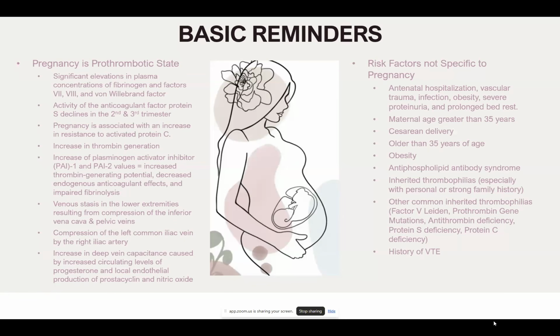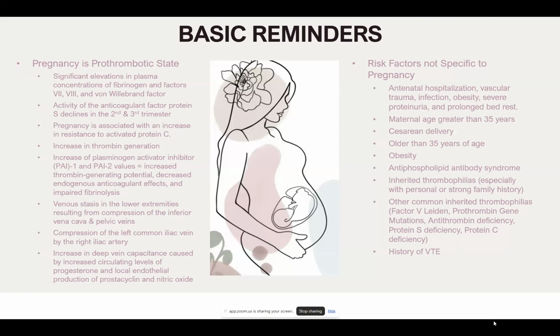There's also the piece of after delivery, the woman's body needs to be set up in a way that she doesn't completely bleed out. So we have all of these pregnancy-related changes and postpartum-related changes that are supposed to help us not have a hemorrhage and bleed out, but it does have other issues that go along with it.